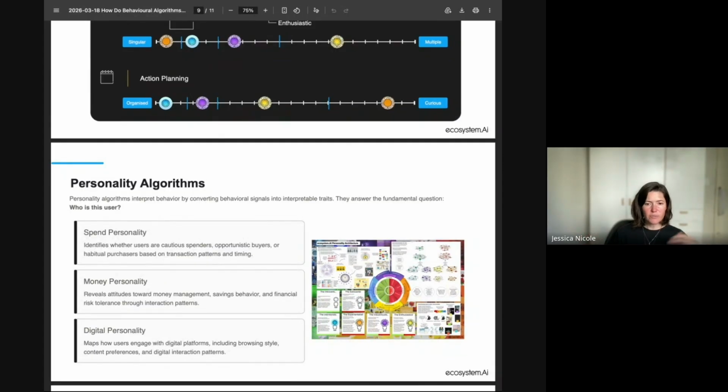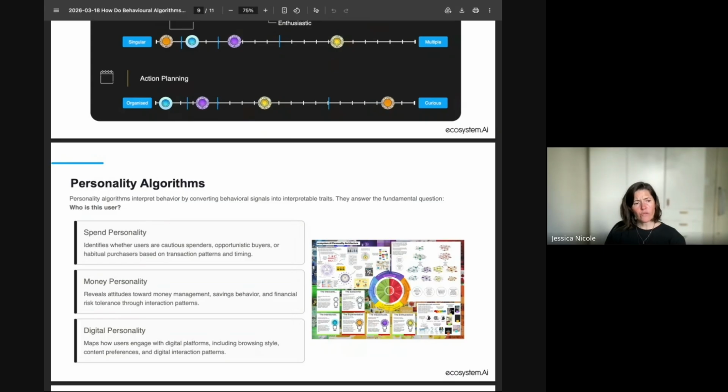So an industrious buyer tends to be your very common one, and they would spend in very habitual ways, but with subtle indications of variance within that. Whereas your enthusiastic spend with a lot of variation and subtle cues of ritualistic elements within that as well.